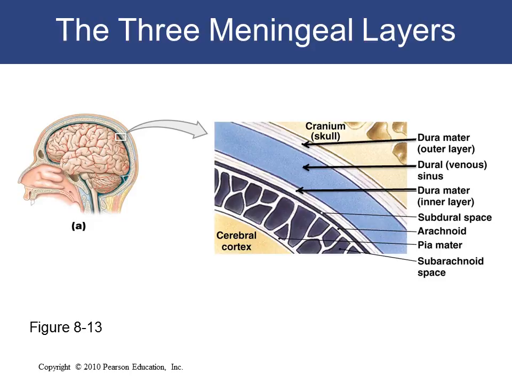So the second layer of the meninges is the arachnoid mater. But before the arachnoid, there is a space between the dura and the arachnoid called the subdural space. As you can see from the diagram, it is the one that is next after the inner layer of the dura mater.